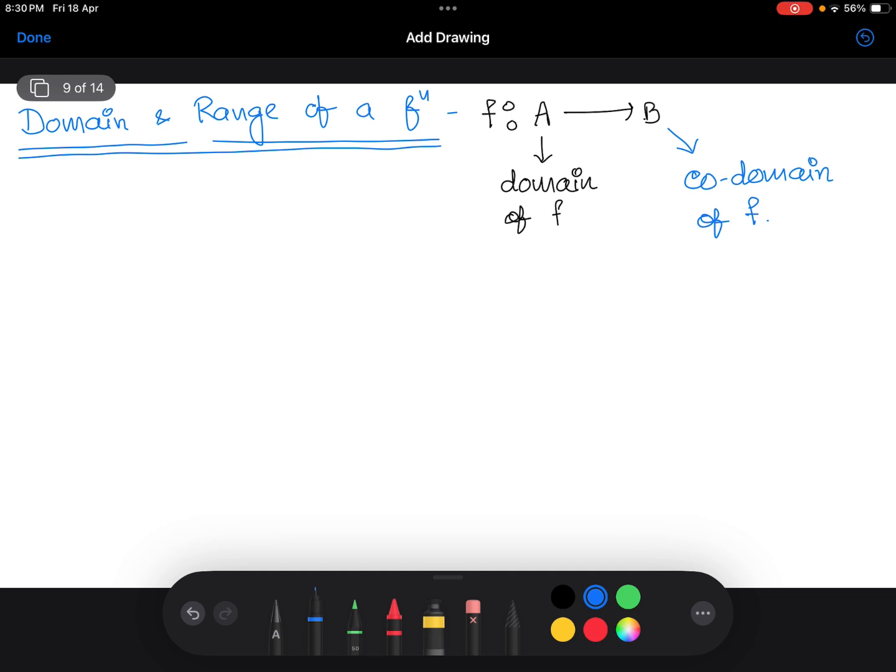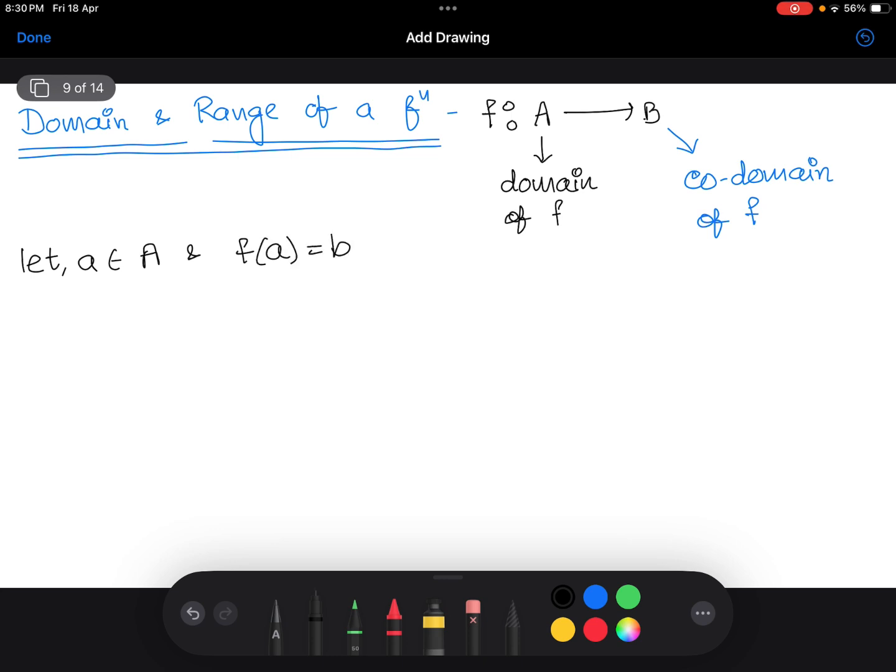Now what do we mean by range? For that, let's first say what is image. Let small a belong to A and f of a is equal to b.